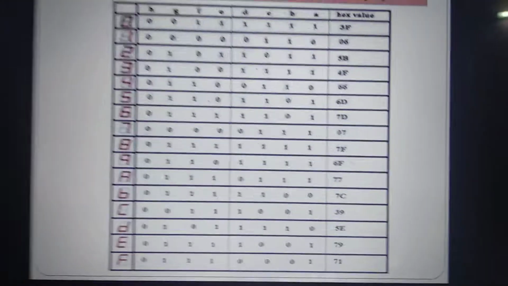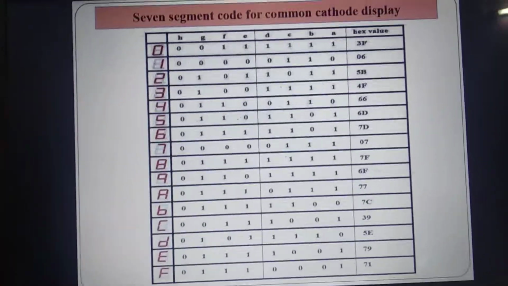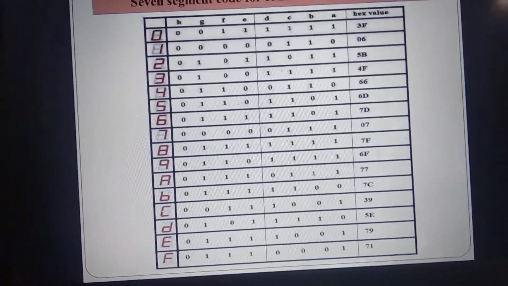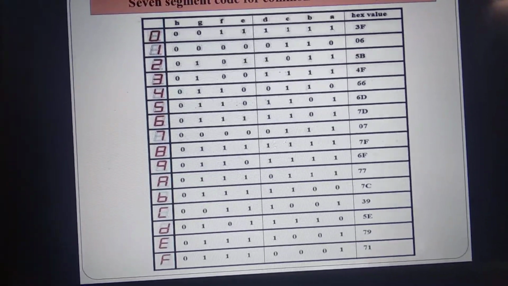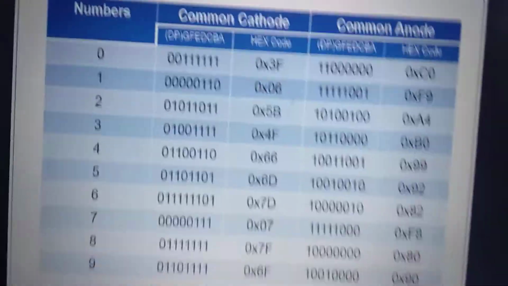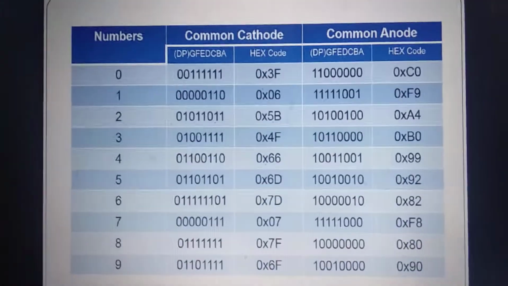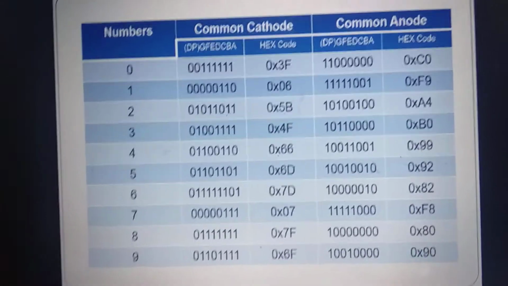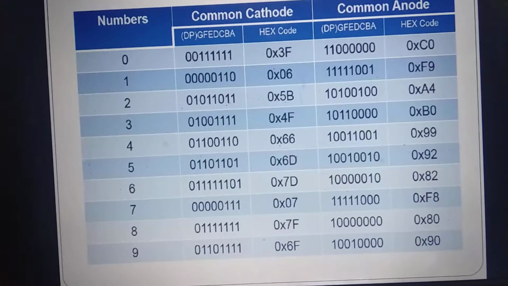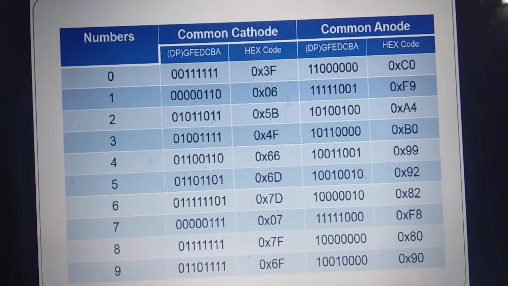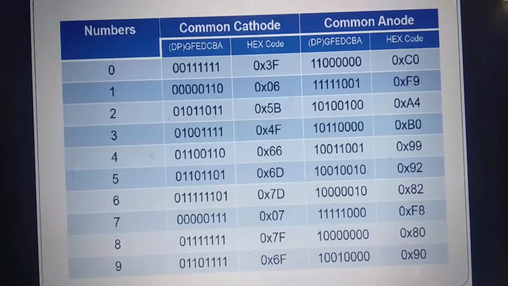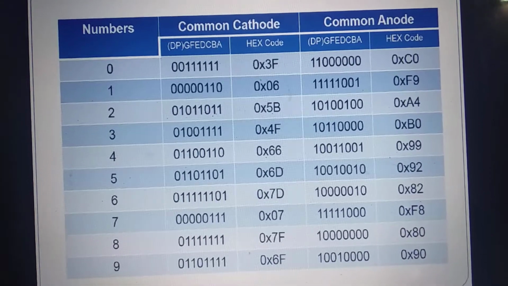So you can check how the different hex codes should be written for any display pattern. This is another table, a lookup table written for displaying the numbers from 0 to 9, for both the common cathode display and common anode display, and you can see it's just inverted.